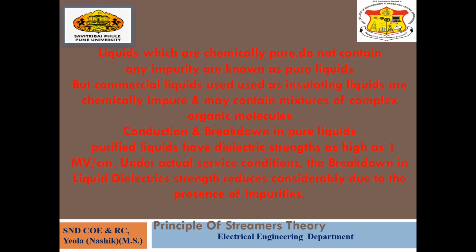We have classified pure transformer oil and commercial oil. In commercial liquid there are certain solid impurities, or there may be gas bubbles. The presence of impurities may cause breakdown in the liquid.